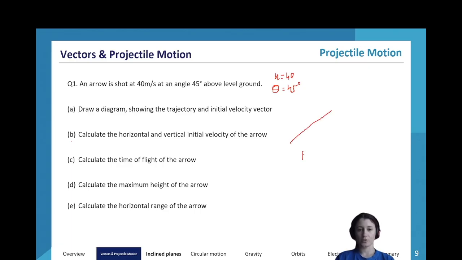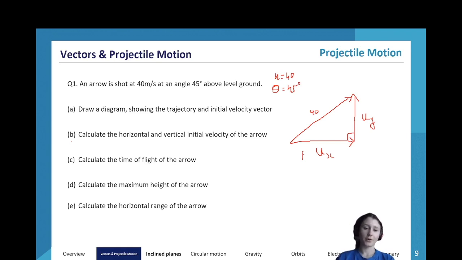We're going to draw the initial velocity u, which is 40. And then we're going to draw the vertical and horizontal components. So this will be the horizontal component, and this will be the vertical component. Now we're going to label. So this will be ux, because it's horizontal, in the x direction, and this will be uy, because it's in the y direction.